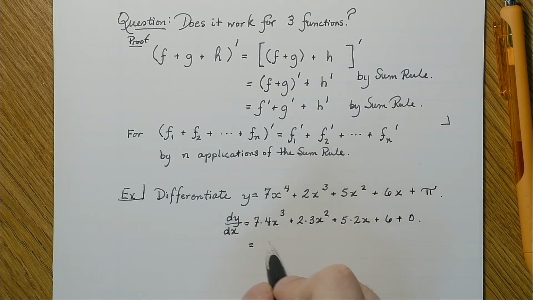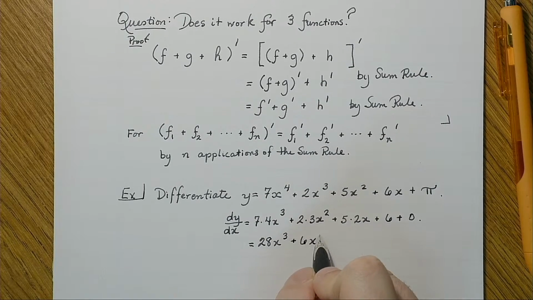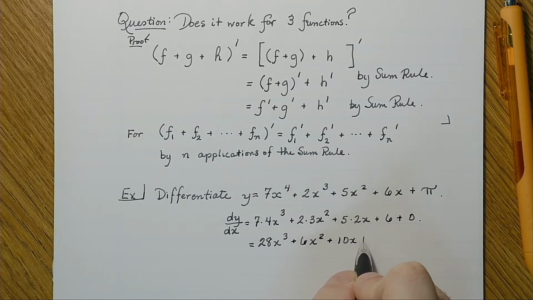And just simplifying it, 7 times 4 is 28x cubed plus 6x squared plus 10x plus 6.